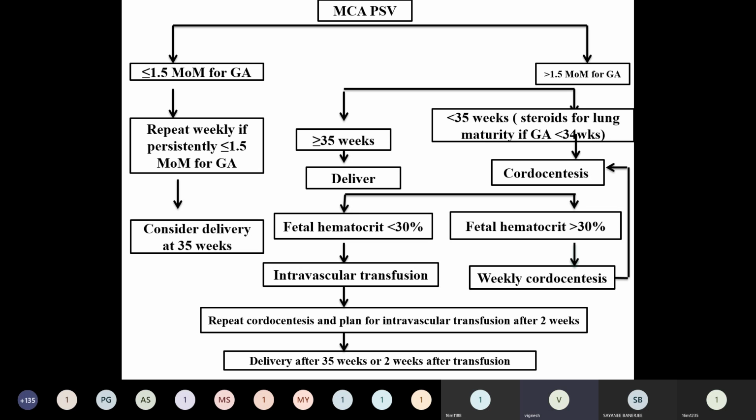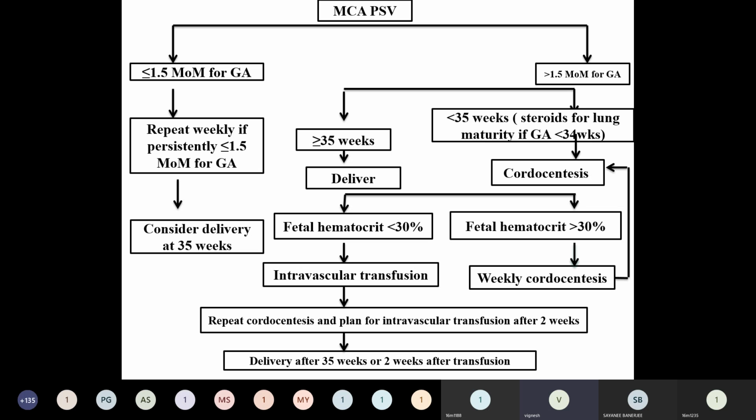So MCA PSV is very, very important for the management of delivery in an already immunized woman. If it is less than 1.5 MoM for the gestational age, you keep repeating the Doppler every week and consider delivery at 35 weeks. If the MCA PSV is more than 1.5 MoM for the gestational age and it is more than 35 weeks, you deliver. If it is less than 35, consider steroids.